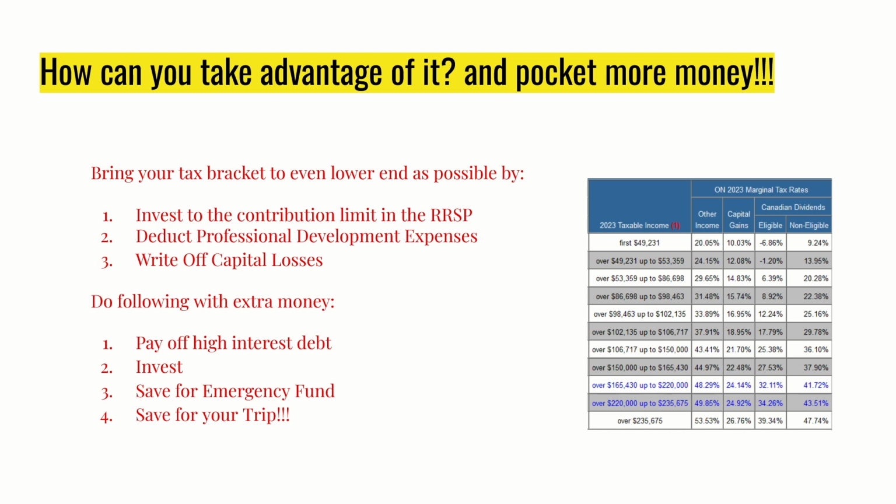Let's say I want to do a cyber security certification, and it costs me anywhere between 4 to 10 grand. I could write that off, and if I write off that 10 grand from 110, that would put me even in this lower tax bracket, let's say 33%, which is a great thing, right?